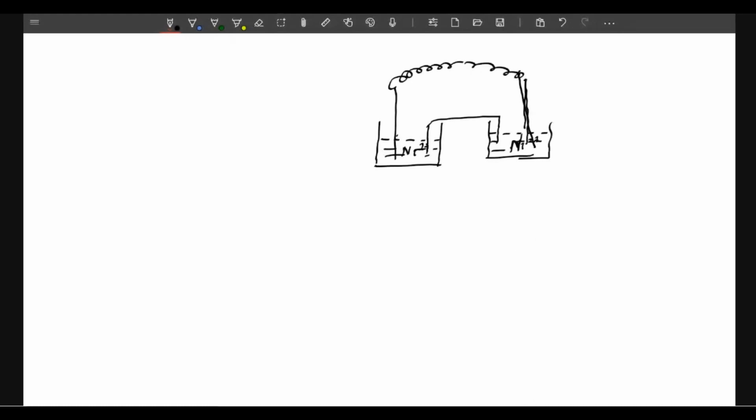Instead, here the nickel 2 plus has one concentration C1, and in this compartment we have the same nickel sulfate or nickel 2 plus ion, but the concentration is different. Therefore, the electrodes have the same activity, and the temperature of these electrodes, that is anode and cathode, are the same. But the third condition, the electrolyte concentration, is different.